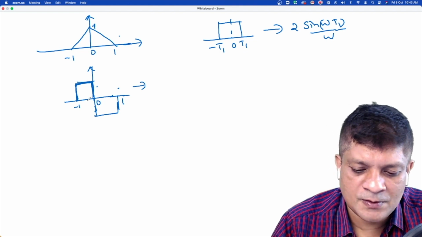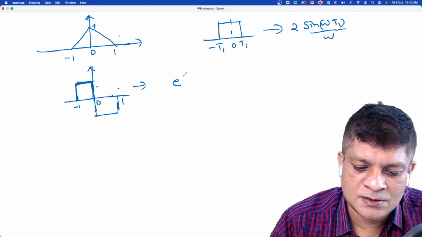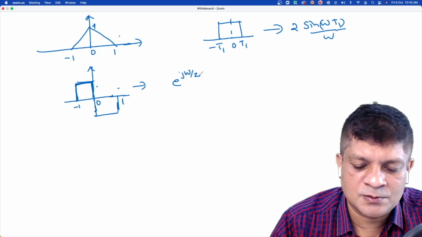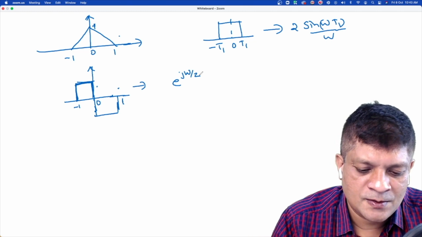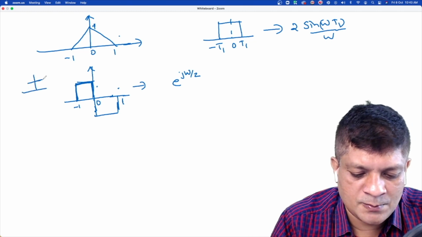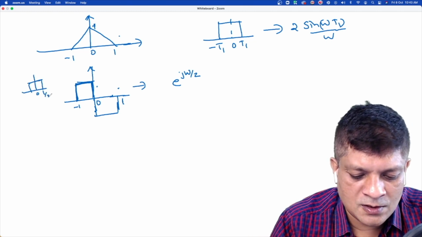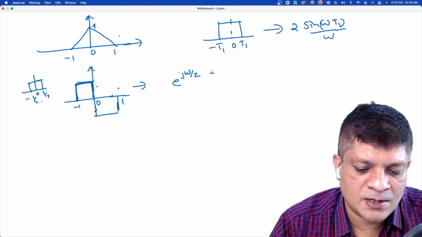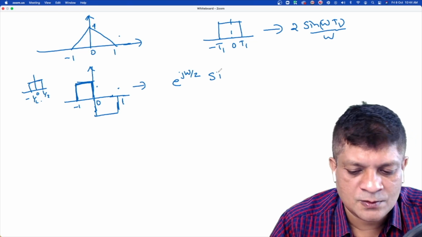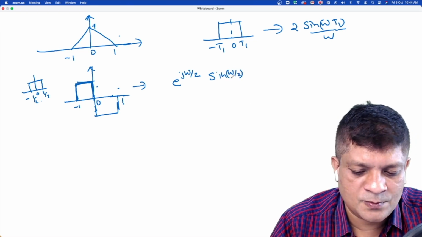Half. So tell me, what is the Fourier transform? Is it e to the power jω/2, that is the left shift? And what is the width of that pulse? Which pulse is shifted by that? Is it 0, half, minus half? So it is e to the power jω/2 into sin(ω/2) by ω/2.